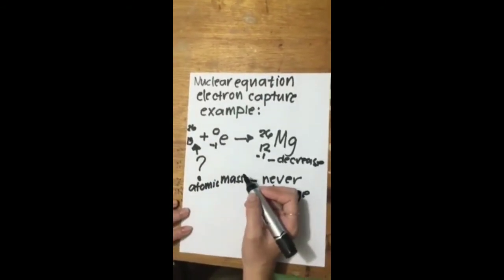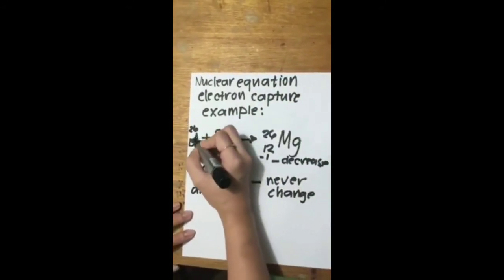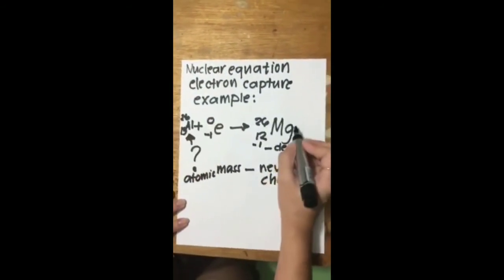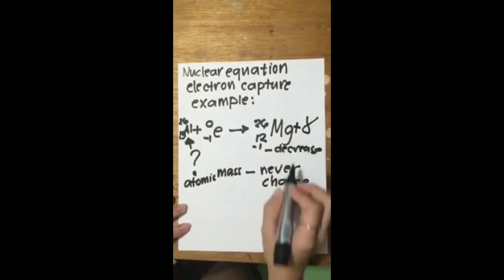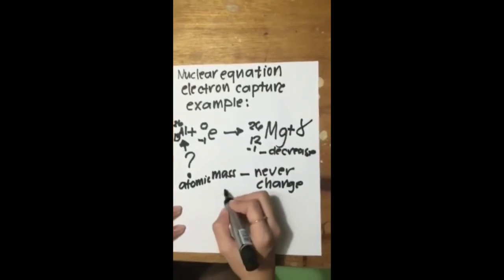So the original element before the electron capture is aluminum plus the gamma ray.